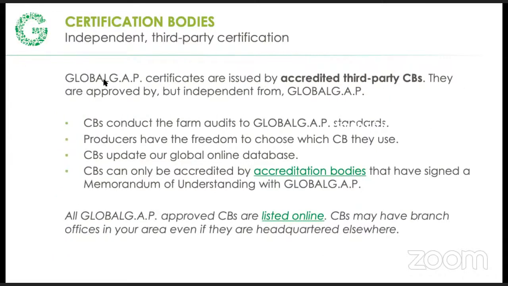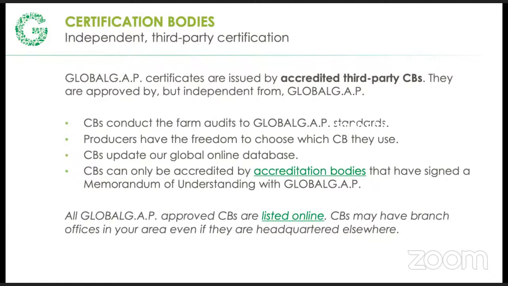So I talked about certification bodies. These are companies that are not part of Global GAP as a company, but they are connected. So I can open a business and register with Global GAP and with an accreditation body, which they have on their website.